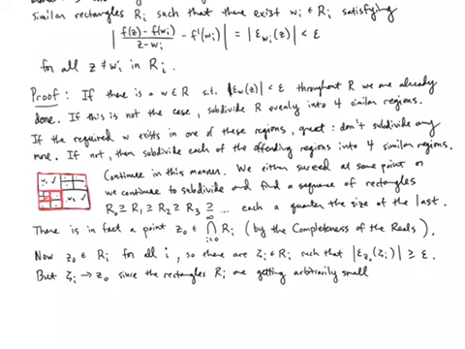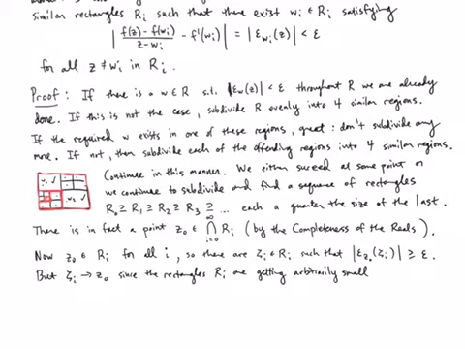The rectangles are shrinking by a factor of a quarter in area every time. So the length is halved and the height is halved of each of these rectangles. These zeta i's are in these rectangles, and z naught is in these rectangles. So zeta i and z naught can't be any further away than the diagonal of these rectangles, but that diagonal is shrinking by a factor of 2 each time.